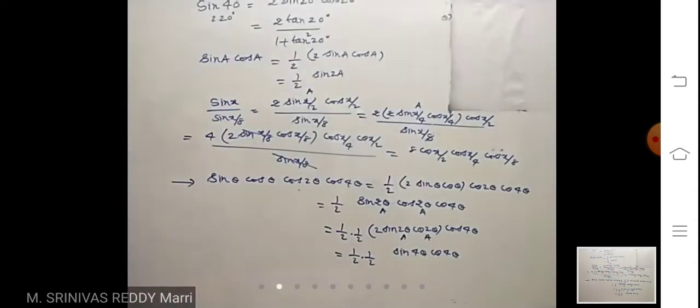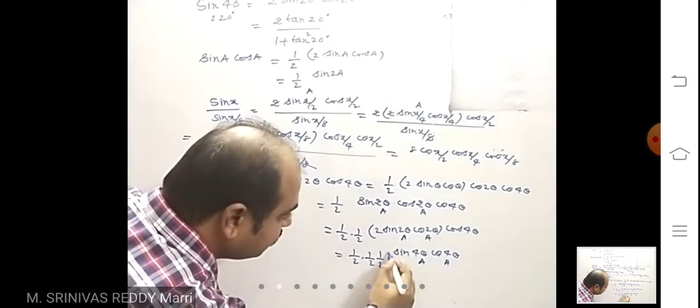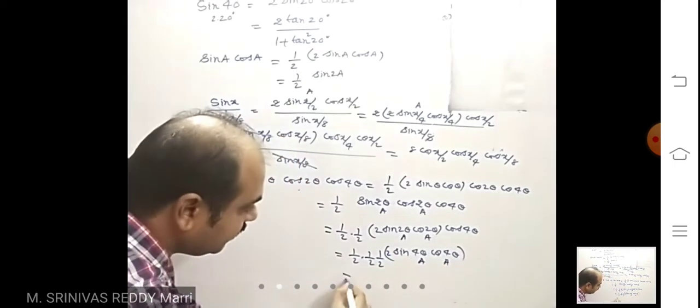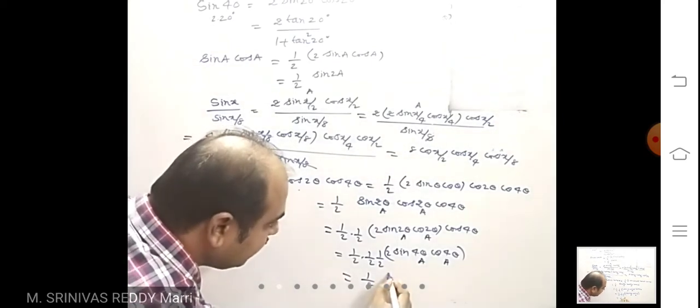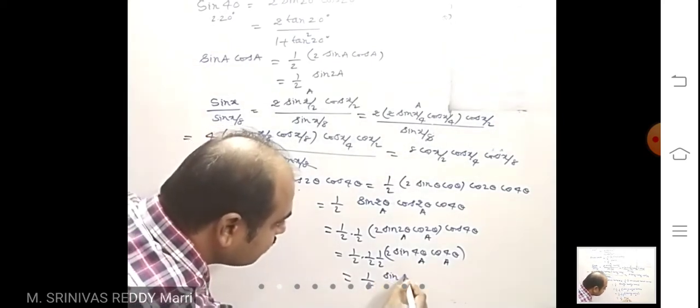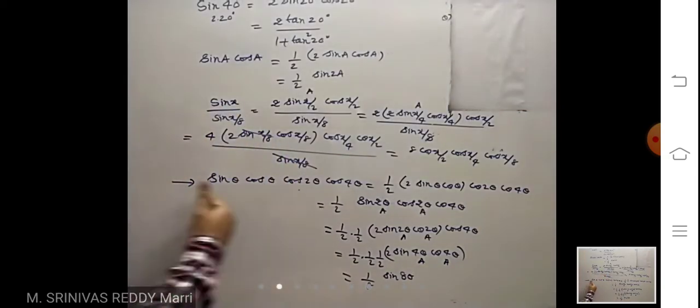Look here again, sine A cos A. Again multiply with 2. That means this is nothing but 1 by 8 sine 8 theta. Sine 2 into 4 theta is 8 theta.